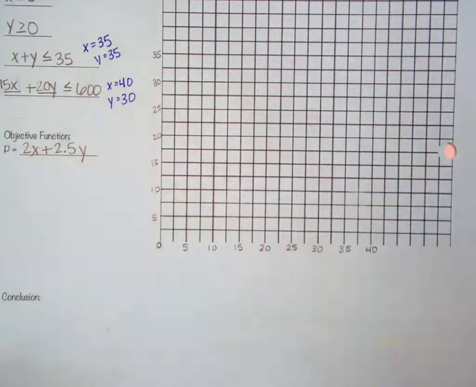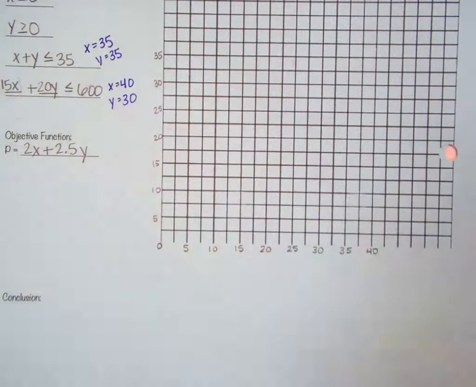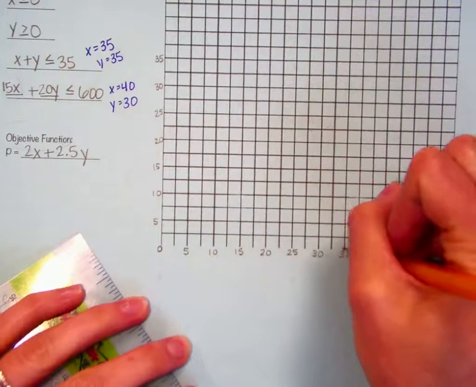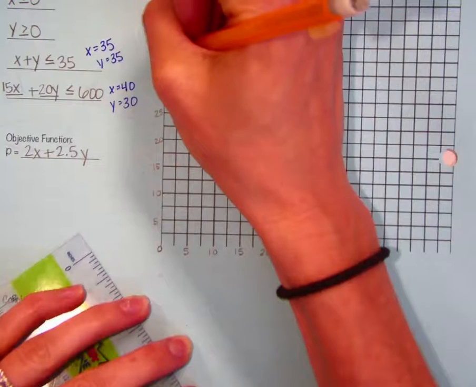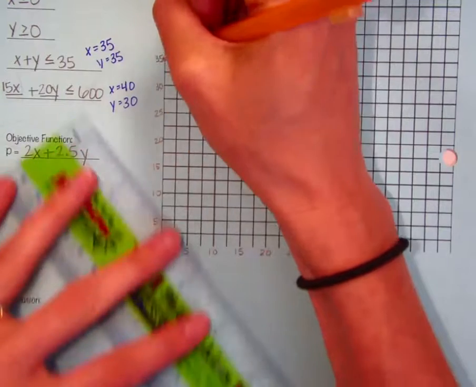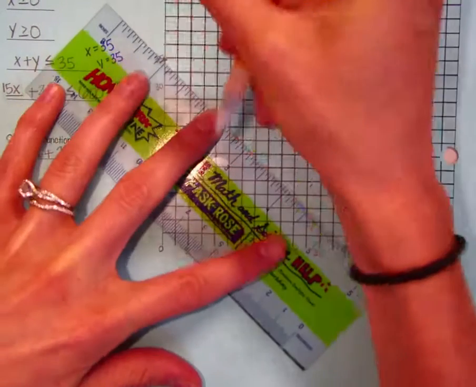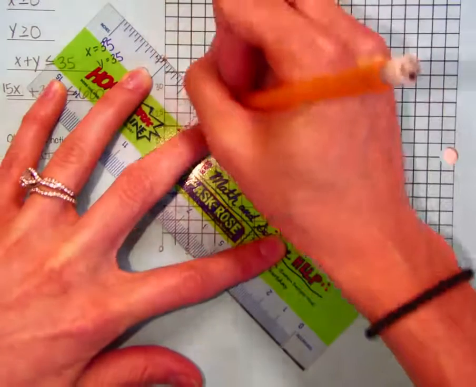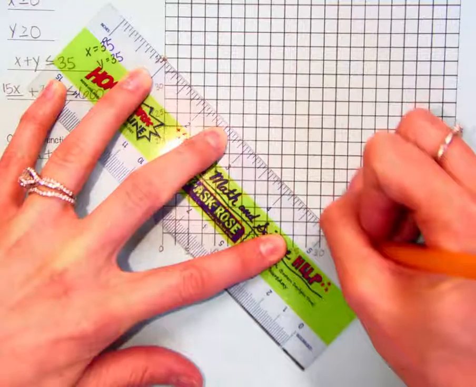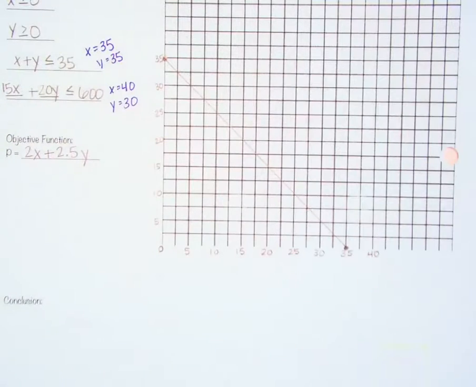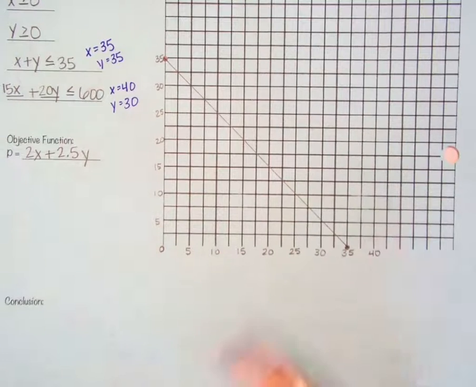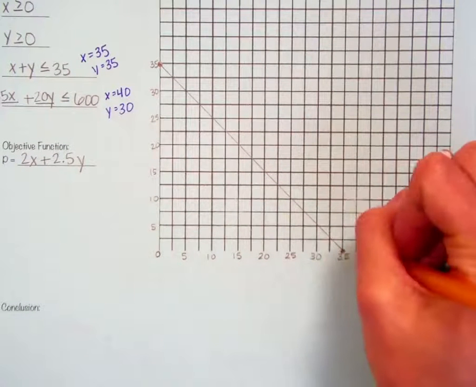All right, so I am going to start by graphing 35 and 35, my two intercepts, and connect them. My next inequality, my intercepts are 40 and 30.